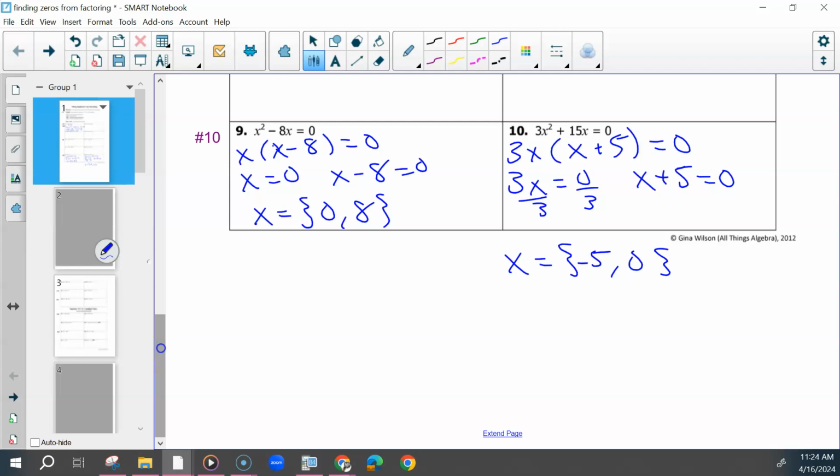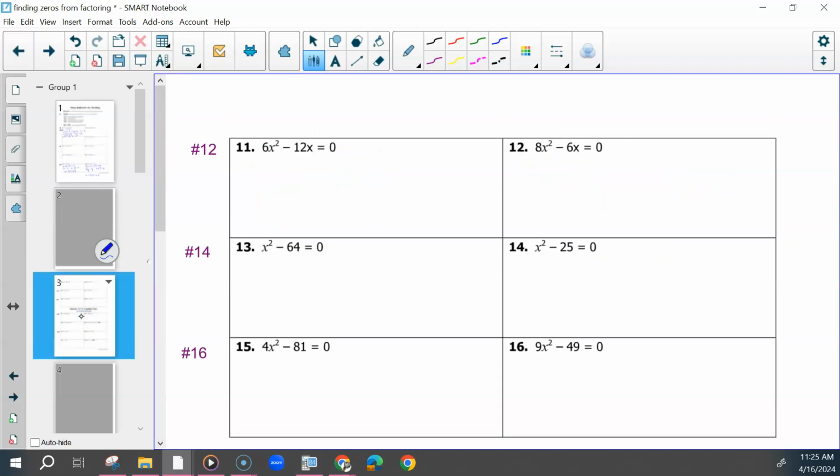Okay. Other questions like that, 11 or 12, that we want to see? 11. How can we factor that one? Say that again. GCF. What would our GCF be? 6x.